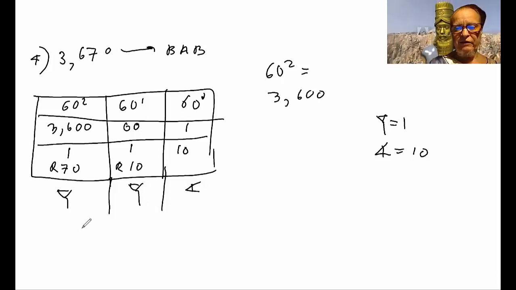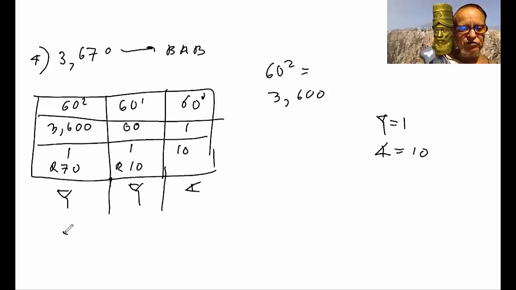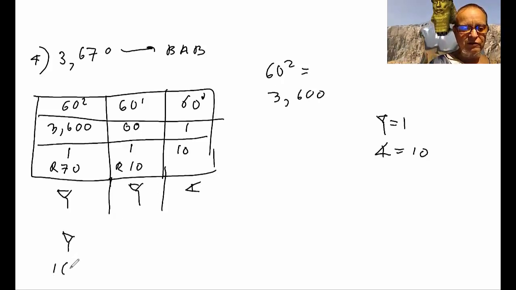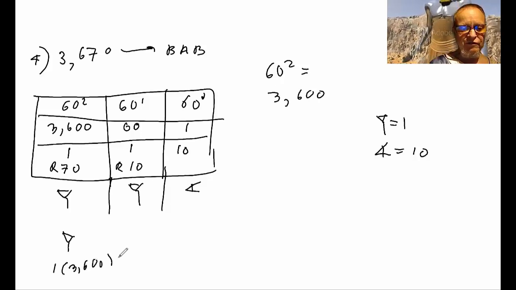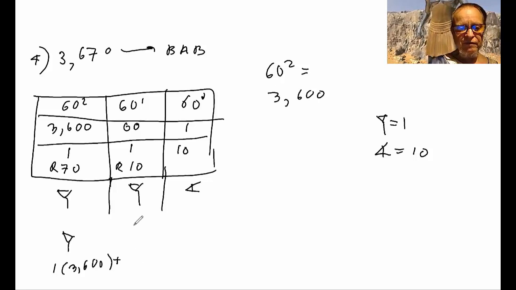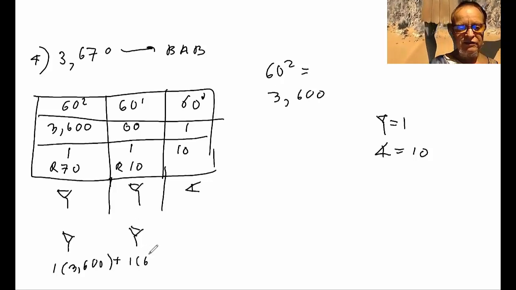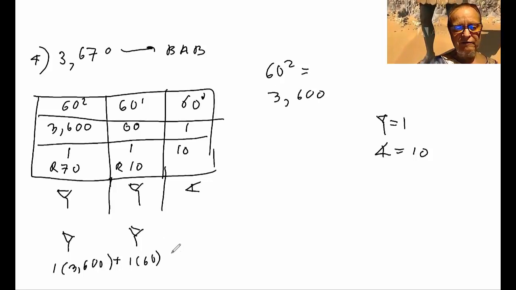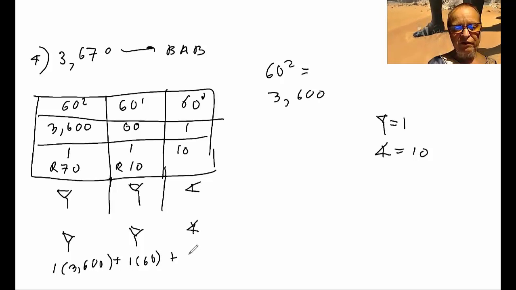So that means when I write it in Babylonian without these lines here, it'll just be this, which will be 1 times 3,600 plus this 1 times 60 plus this, which will be 10 times 1.